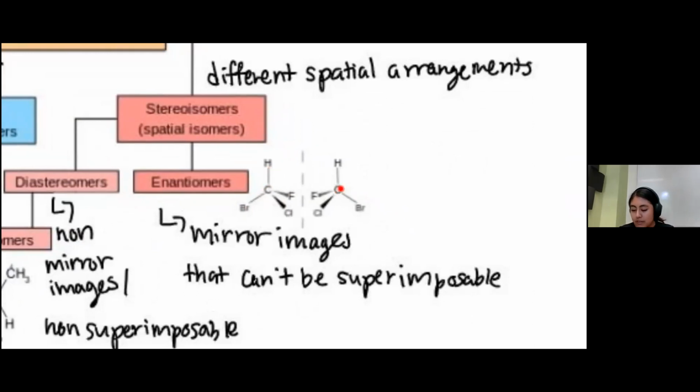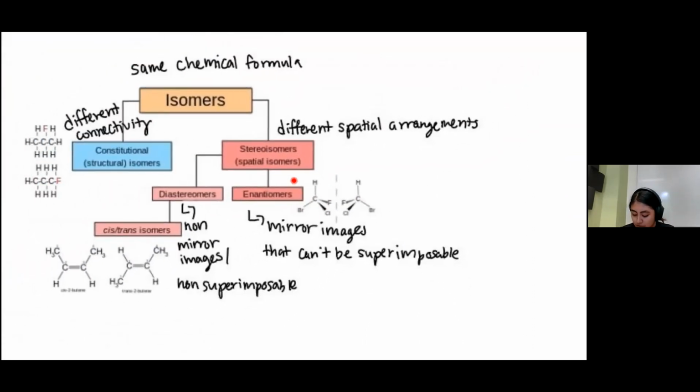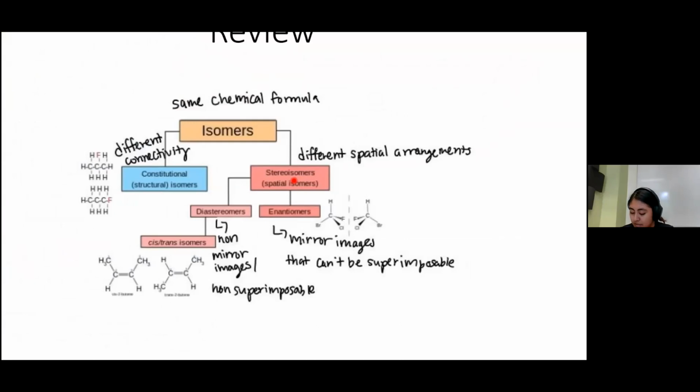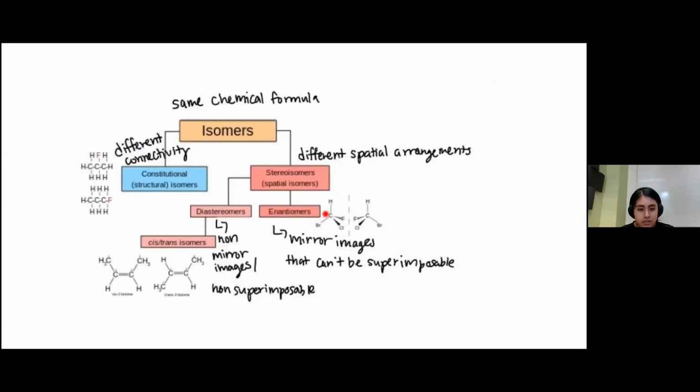These two have the same connectivity and same chemical formula, but the way they are arranged spatially is different. The example I just did is a type of stereoisomer. In this case, it's an enantiomer. Enantiomers are mirror images that cannot be superimposed.